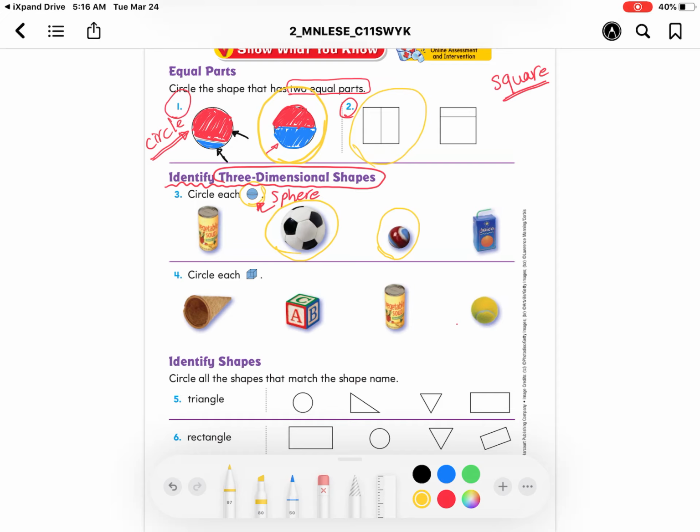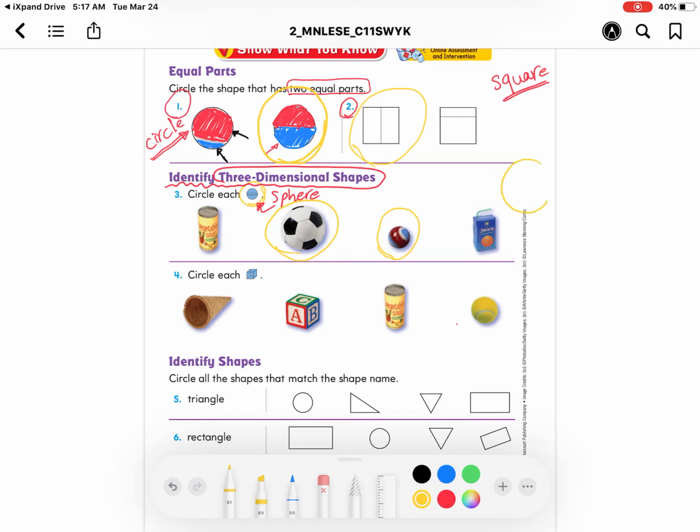Now, I need to ask you a question. Does the sphere have a flat surface or curved surface or both? Let's think together.